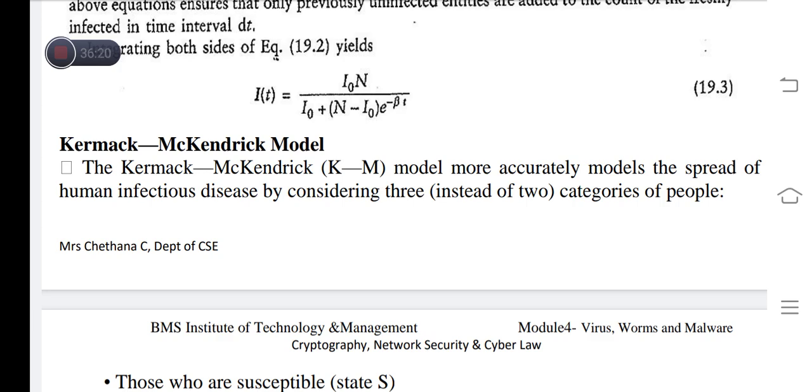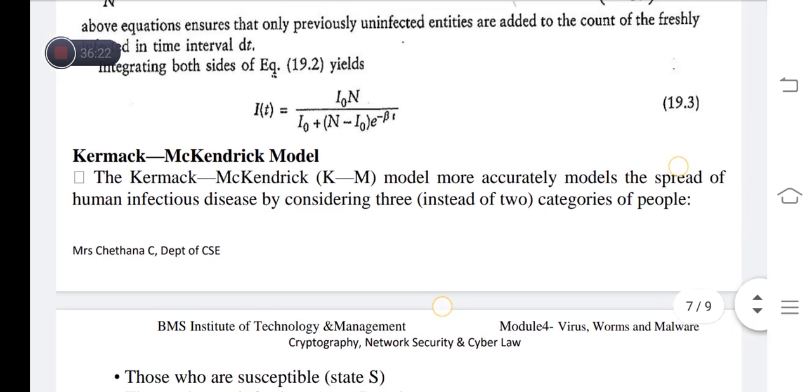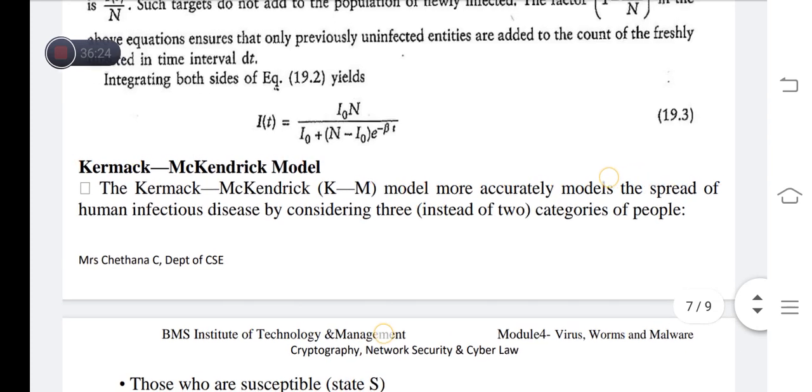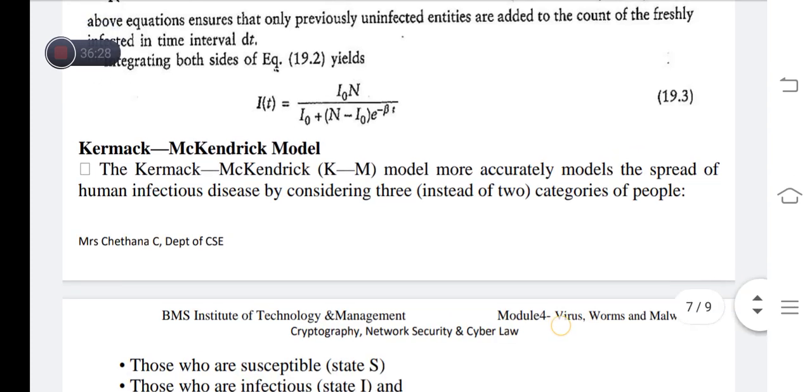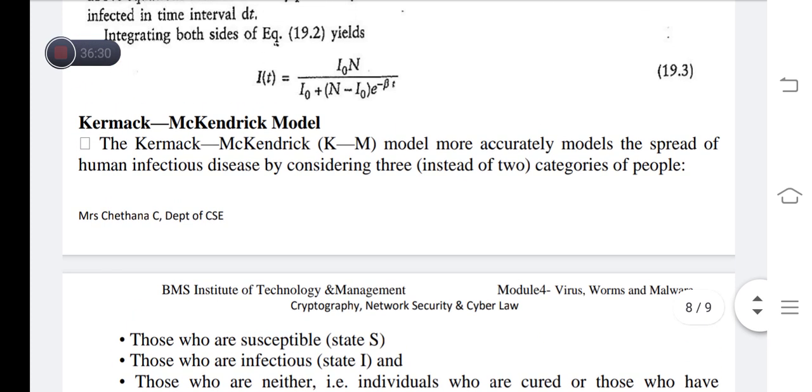This model more accurately models the spread of human infectious disease by considering three categories of people. In the simple epidemic model, we considered two categories: susceptible entities and infectious entities.